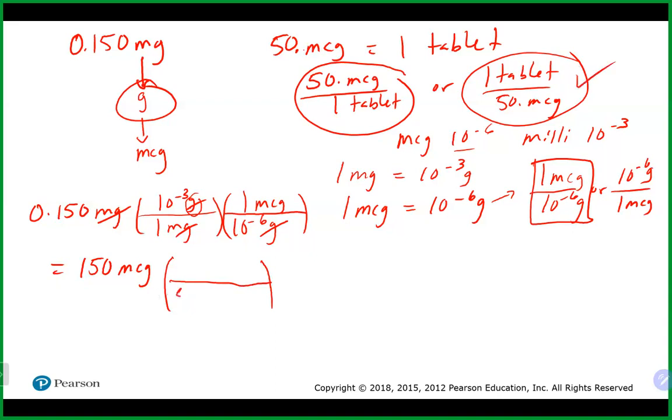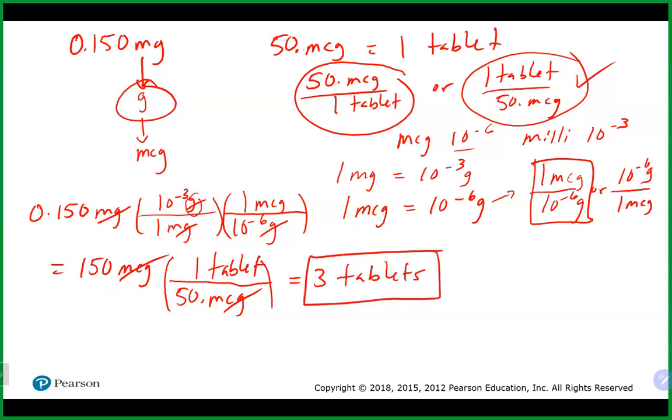That's going to give us 50 micrograms per tablet. Micrograms will cancel. We're going to take 150 divided by 50. That's going to be 3 tablets in this case. Any questions on that there?